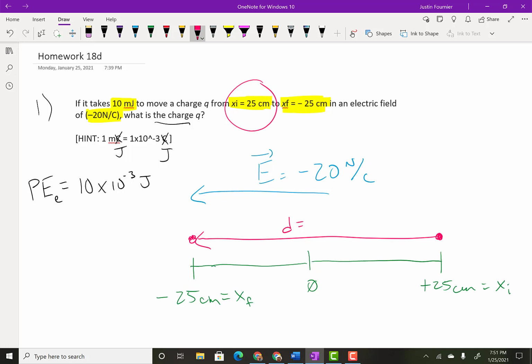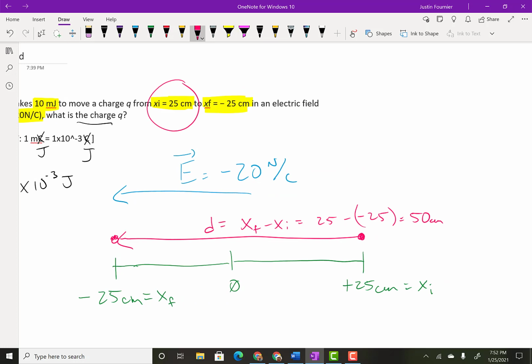I could do this a couple ways. I could just look at my diagram and notice, oh, it's going 50 centimeters. Or I could use the final position minus the initial position. That's the distance traveled, or the displacement. So it's going to be 25 minus negative 25 centimeters, or 50 centimeters. And of course, 50 centimeters converts to 0.5 meters. So I'll just say distance is 0.5 meters.